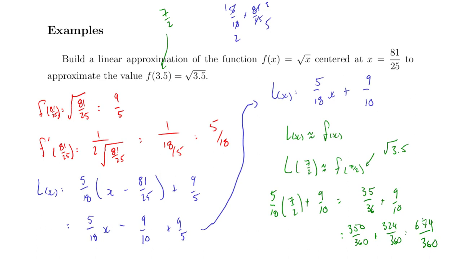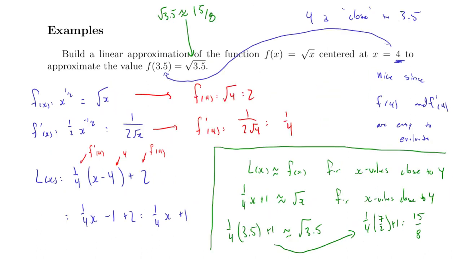That's maybe like 337 over 180. All of this to say, this is an approximation of the square root of 3.5. So 337 over 180 is approximately equal to the square root of 3.5.